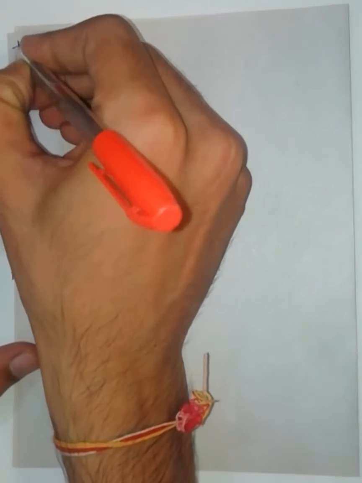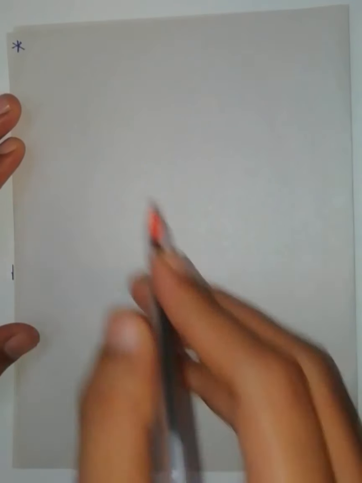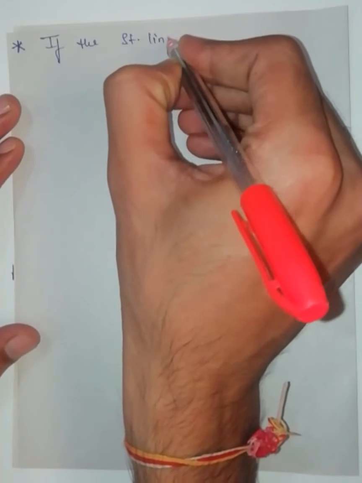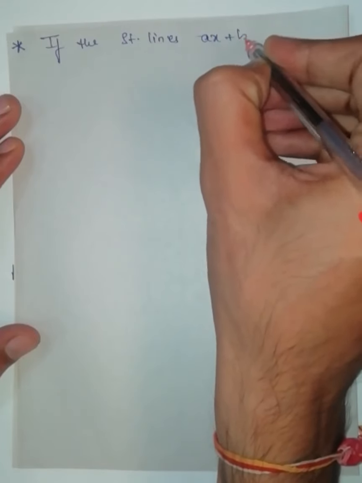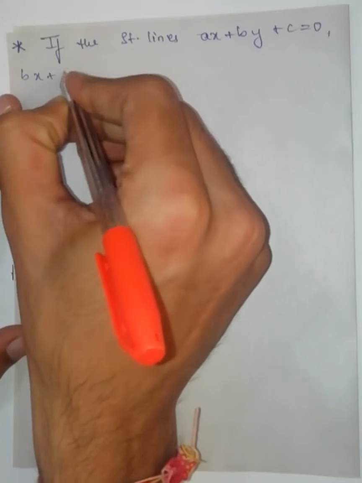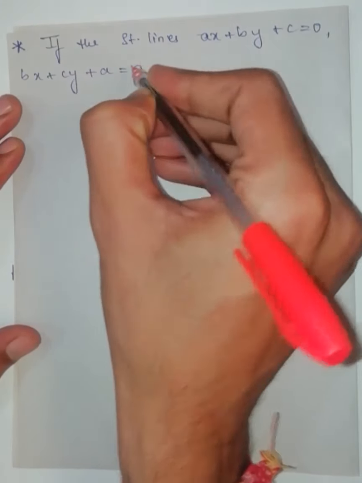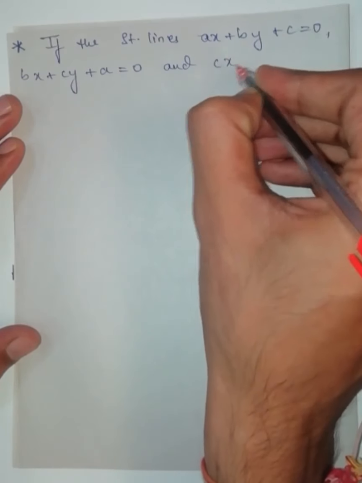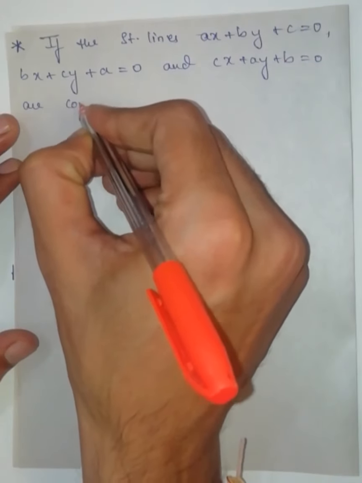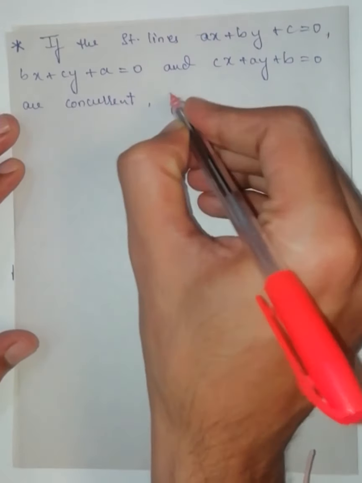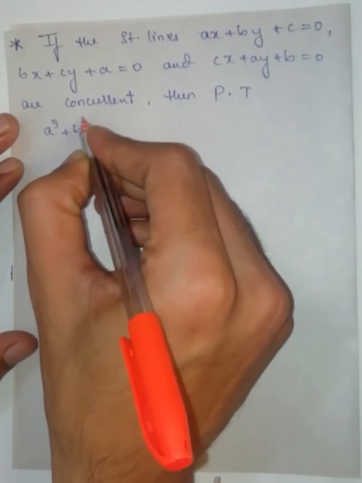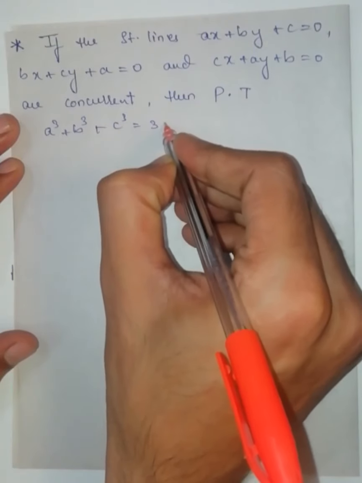Problem. If the straight lines ax plus by plus c is equal to 0, bx plus cy plus a is equal to 0 and cx plus ay plus b is equal to 0 are concurrent, then prove that a cube plus b cube plus c cube is equal to 3abc.